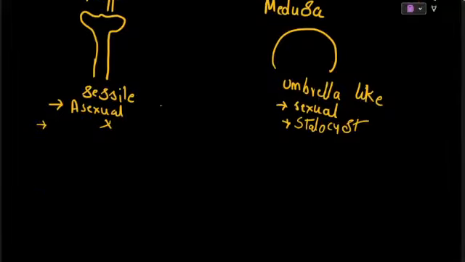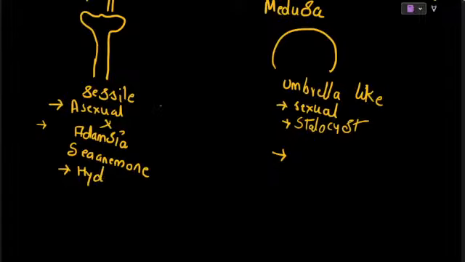Next. Example of polyp and example of medusa. Adamsia, sea anemone, and hydra are polyps. Jellyfish is medusa. What about umbrella-like? Jellyfish, right? Yes.